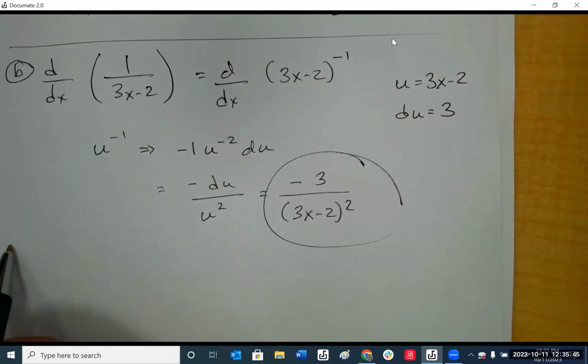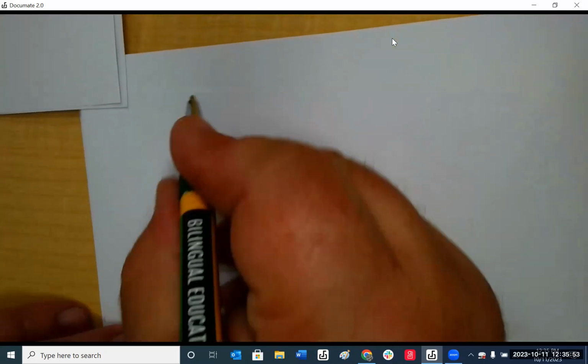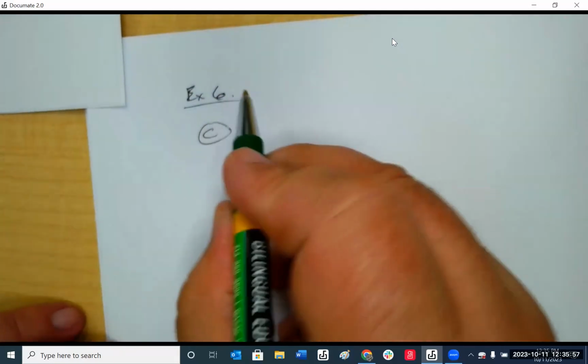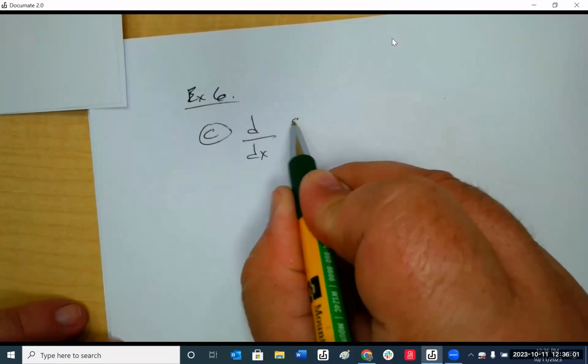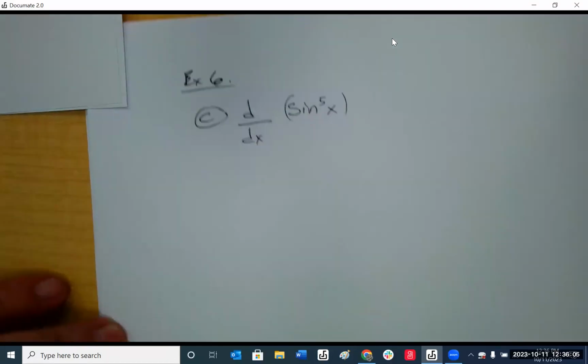Let's look at C. Example 6C: the derivative with respect to x of sine to the 5th x.